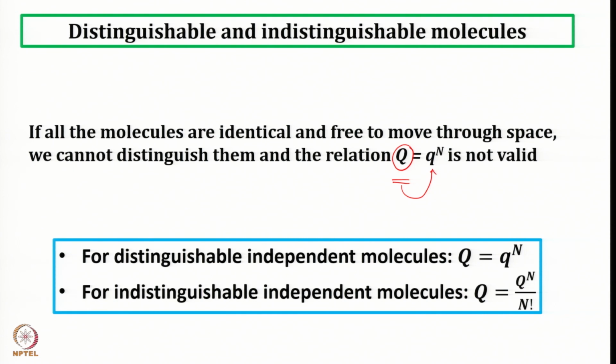We showed that if the particles or molecules are distinguishable, then Q is equal to small q raised to the power N. That means the canonical partition function is equal to the molecular partition function raised to the power N, and for indistinguishable particles we discussed that the canonical partition function is equal to, let me correct it, the molecular partition function raised to the power N divided by N factorial.